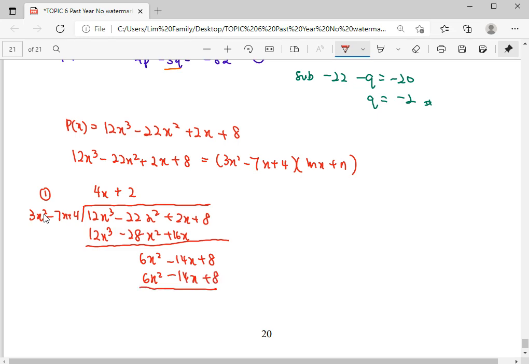So you can see it is completely divided here, nothing left. So that means our polynomial is equal to the divisor times this quotient. No more divisor, so we can see it is factorized completely.